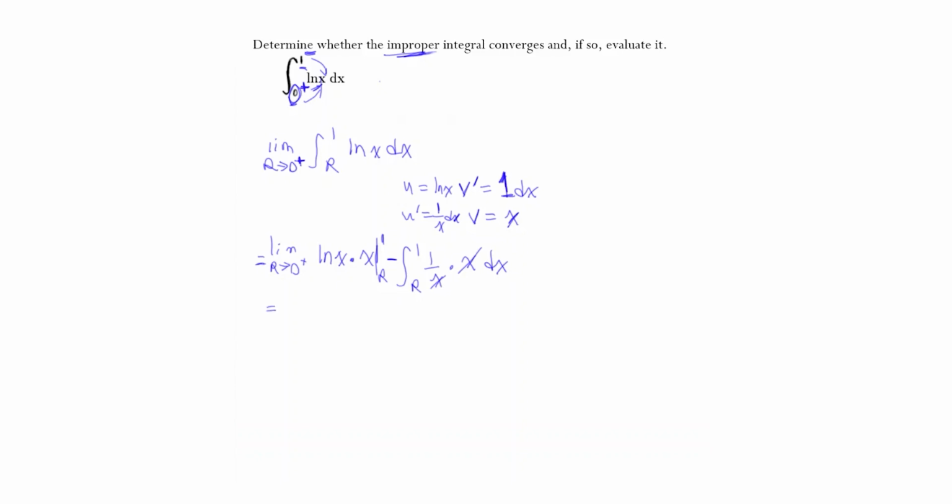And then from here, what we're going to do is evaluate the integral first. Ln x from 1 to r, negative the antiderivative of 1, which is just x. So just like that. And then now we just plug in the bounds.